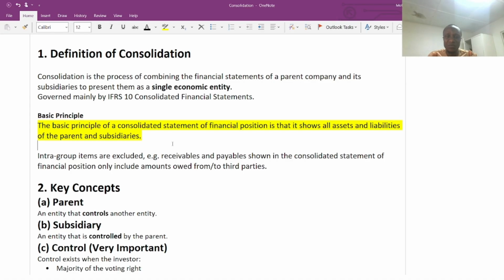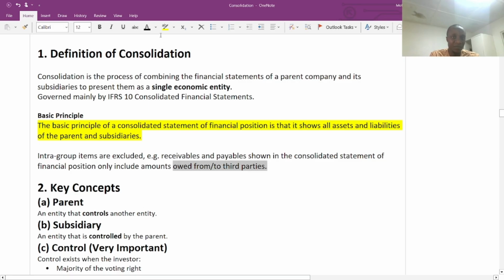Because of this, we are going to exclude the receivable and payable balances in the preparation of the financial statements. For the consolidation, we are only going to include amounts outstanding from parties other than the parent and the subsidiary. Very important concept.